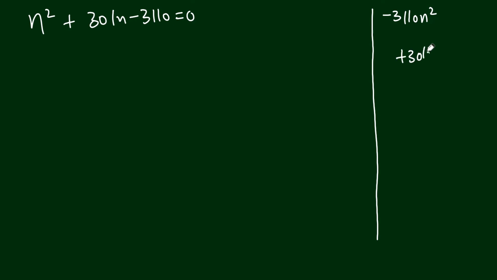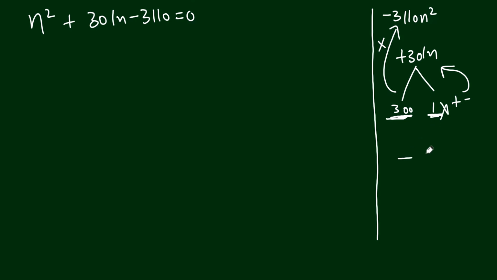So I need to split this 301 into two numbers such that their addition or subtraction should be 301, but their multiplication should be 3110.